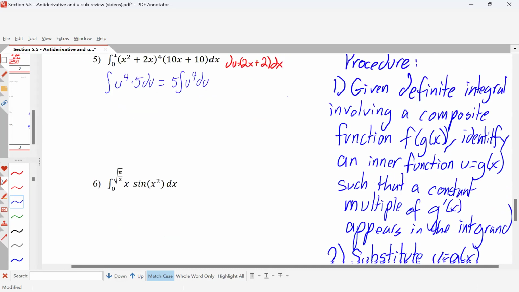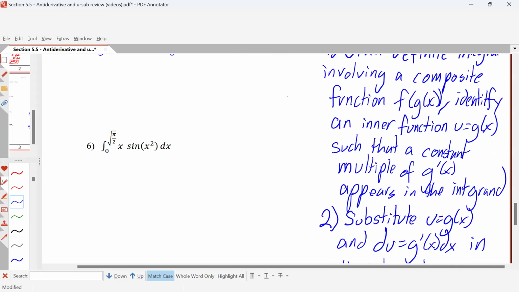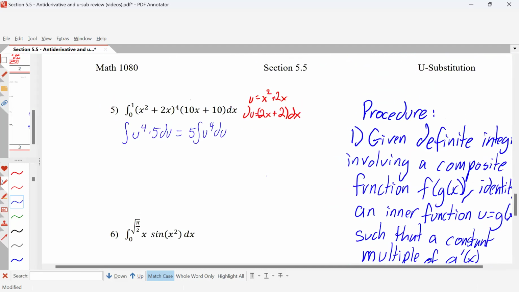Step 3 is that we need to change the bounds. So our bounds are in x right now, and we change them by saying, if x equals 0, that means u equals 0 squared plus 2 times 0, which is 0.